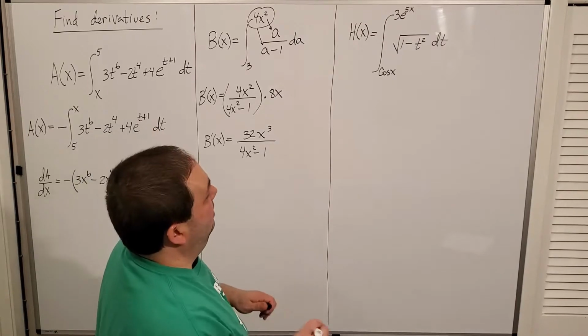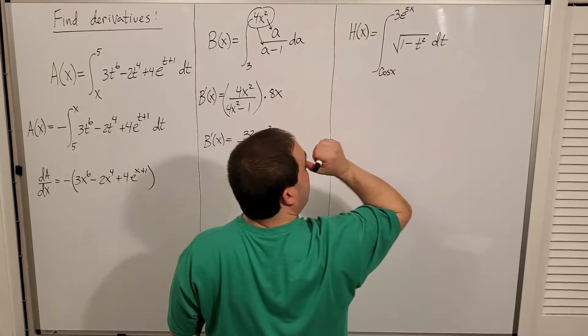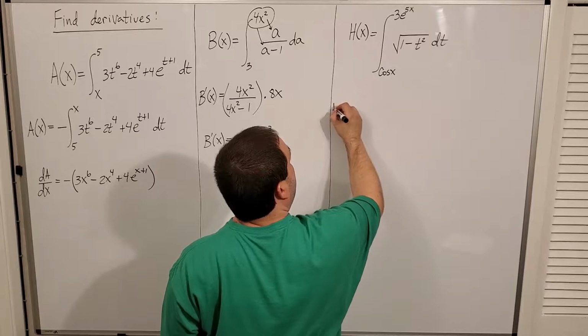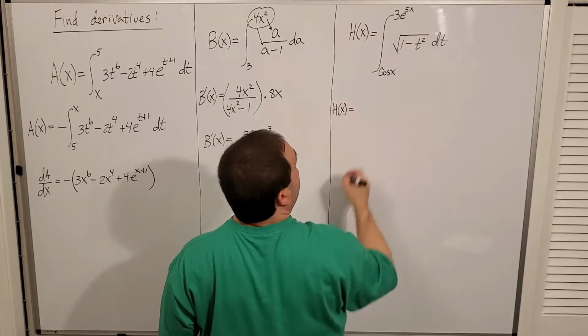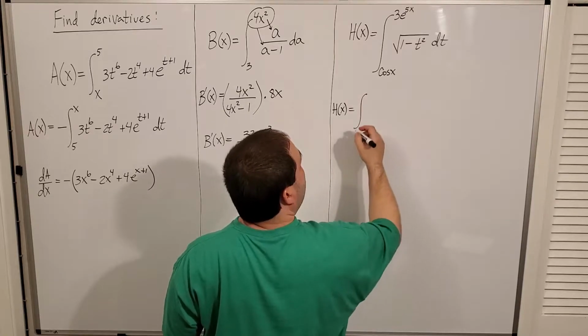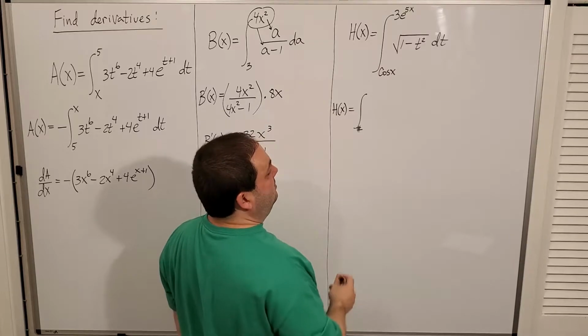So the way this is going to work is I have to split this into two different pieces. I have to say that capital H of x is equal to the integral from some number. You know what? I don't even care what that number is.